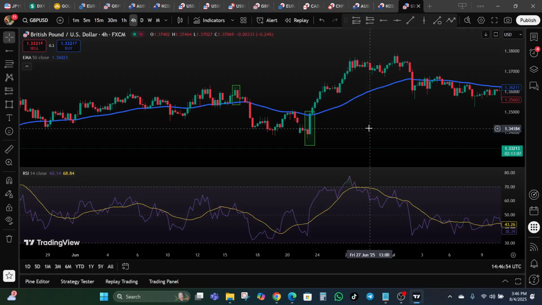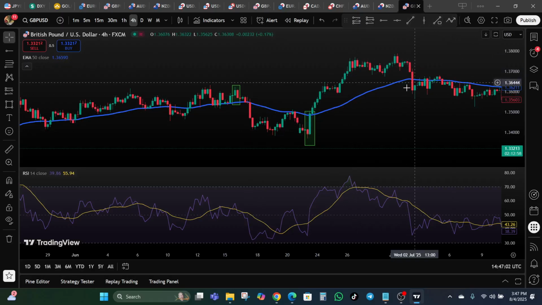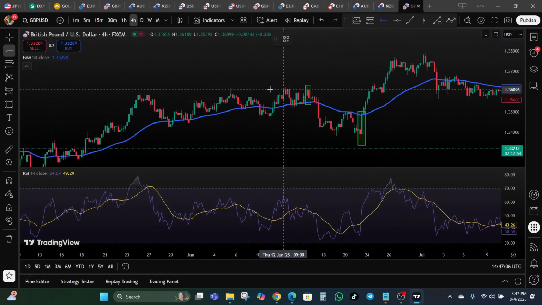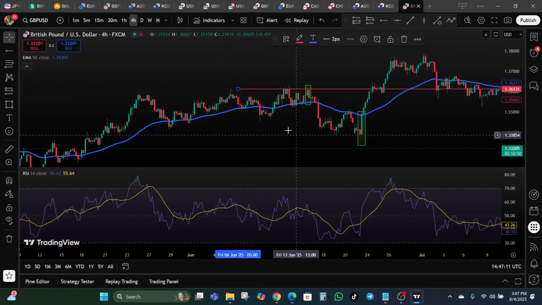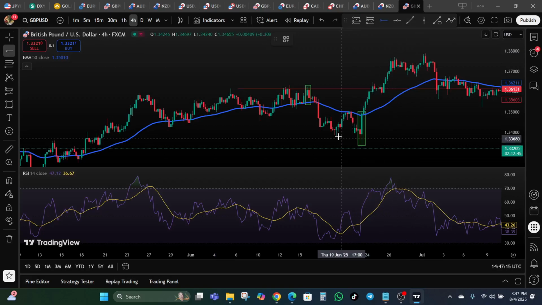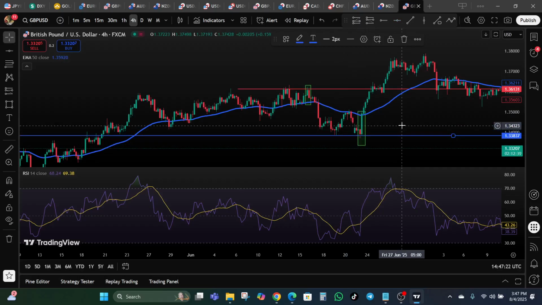Meanwhile, when this pattern occurs near a key support or resistance level, it is even stronger. When you have a bearish engulfing form around resistance, it's a stronger signal. And when you have a bullish engulfing form around support, it's a stronger signal.